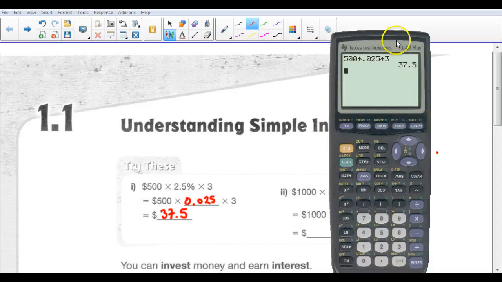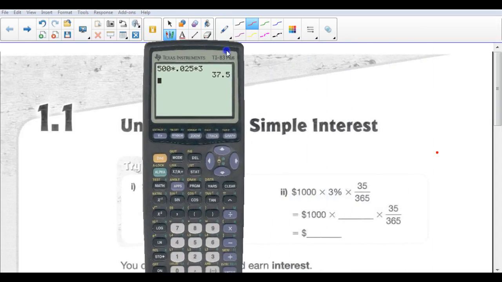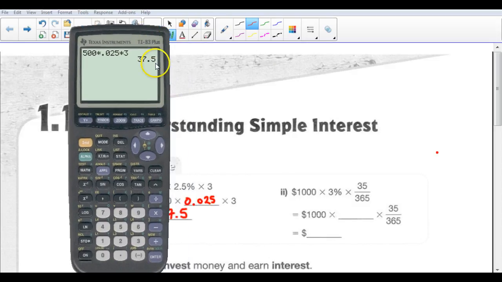What we can do with that, let's clear the calculator. We can take 1,000 times, now 3% is the same as 0.03, which is 3 divided by 100. That's what 3% means. And we've got times the fraction 35 over 365. Well, we can do it a couple of ways.